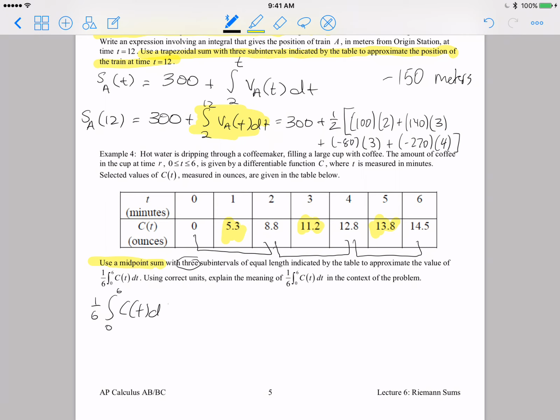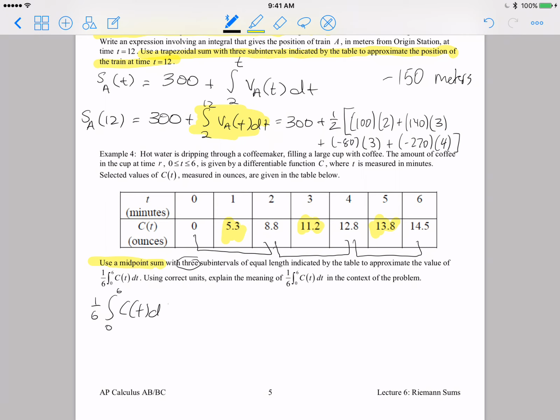And now what it wants us to do is to use correct units and explain the meaning of this integral in the context of the problem. So this 1 over 6 that's in the front turns this into what's called an average value problem. What I want you to always remember is that whenever you see that fraction in front of an integral, that's talking about average value.